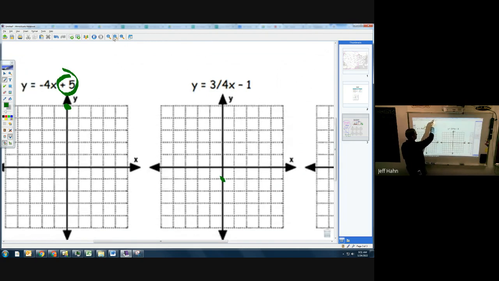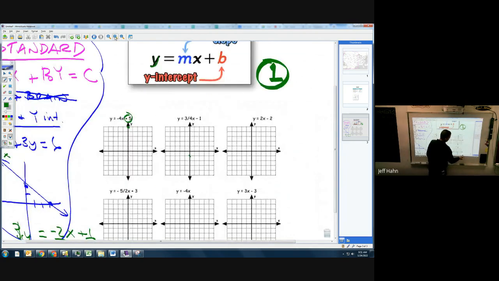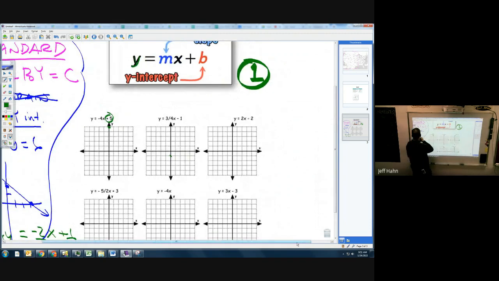Okay, number one is you plot the y-intercept, which is whatever that number is there. By the way, if there's no number there, where is the y-intercept? At 0, the origin.